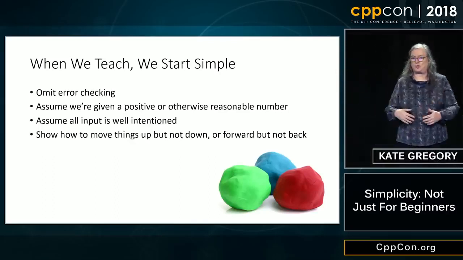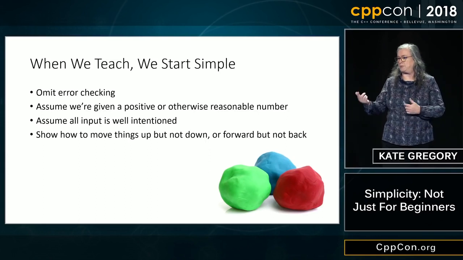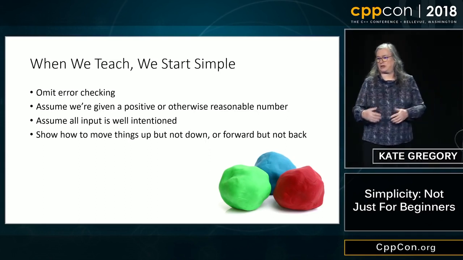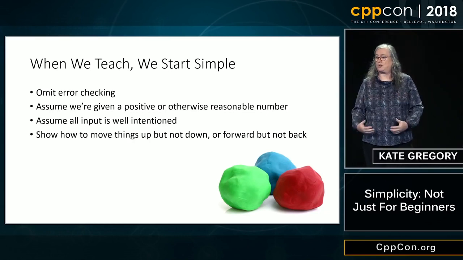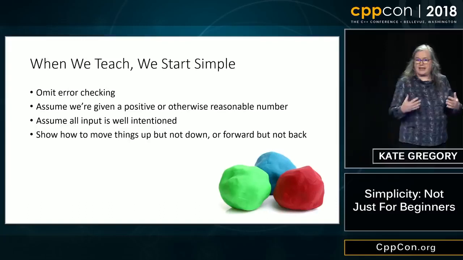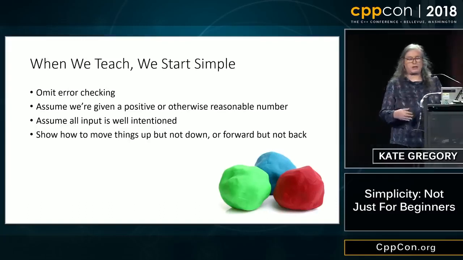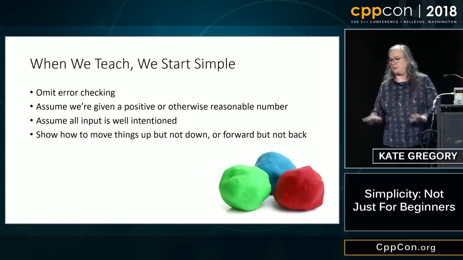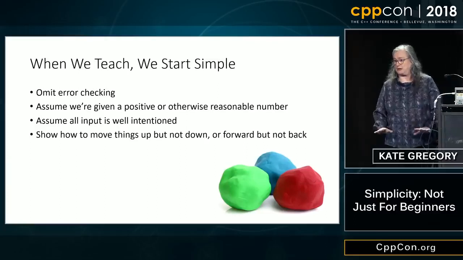Here's what you do if the two elements you want to move around in the collection, one is before the other, and here's how you do it if one is after the other. And we will often only show half the work. And that, I guess, we are doing to keep it simple. That is not the simple I'm here to talk to you about today.